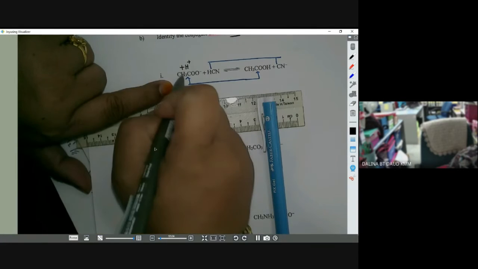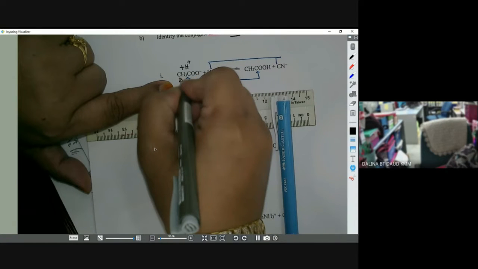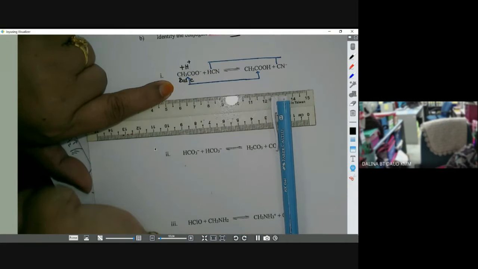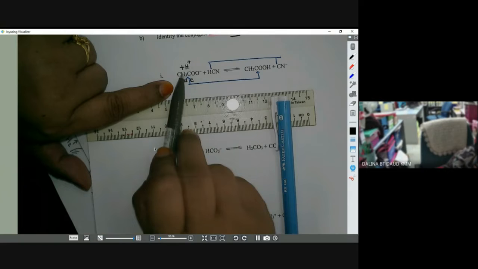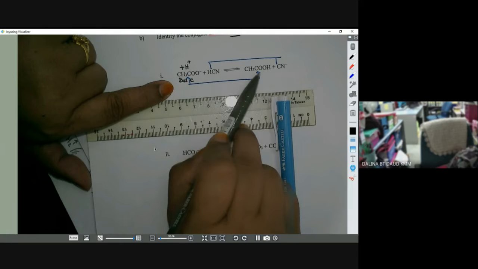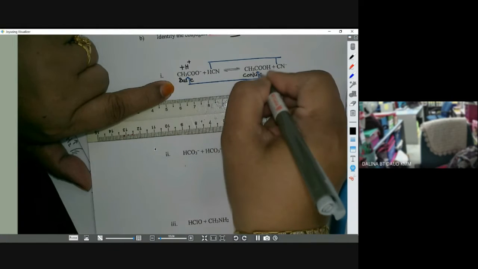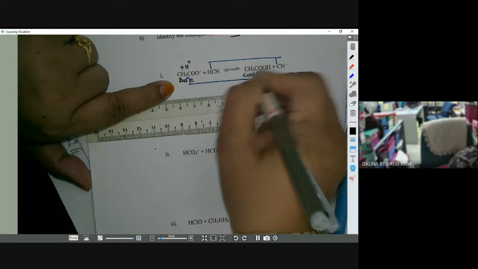So, automatic this is base. It's known as base. Macam mana saya tahu base? Sebab dia terima H plus, produk dia ni terima H plus. So, automatic this is conjugate. Produk dia tu kita letak perkataan conjugate je. Conjugate acid.